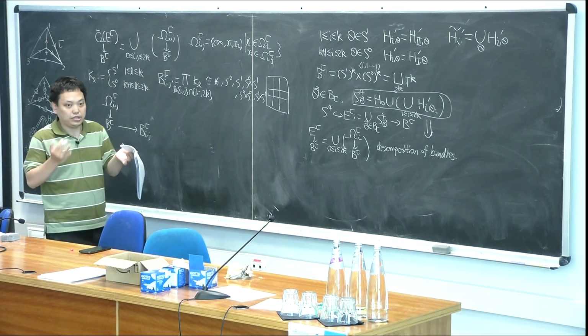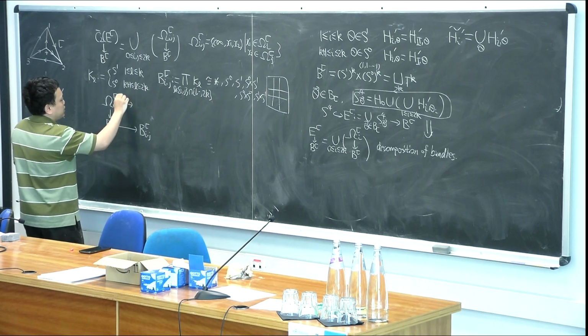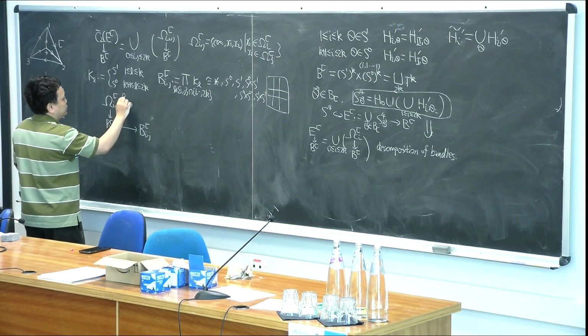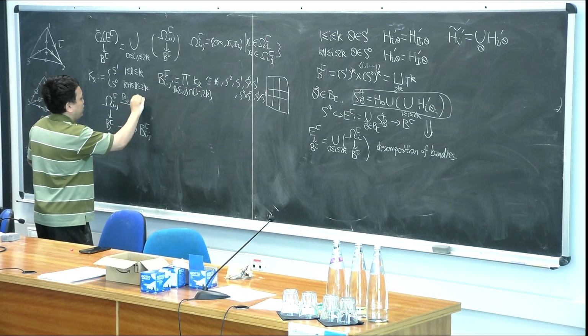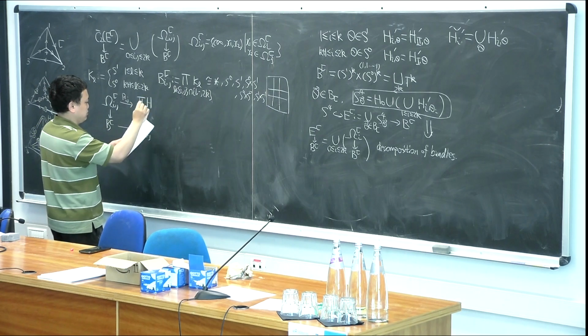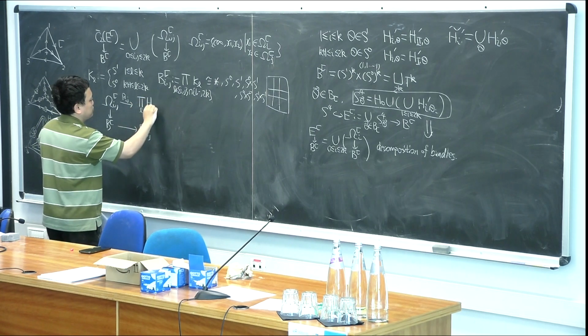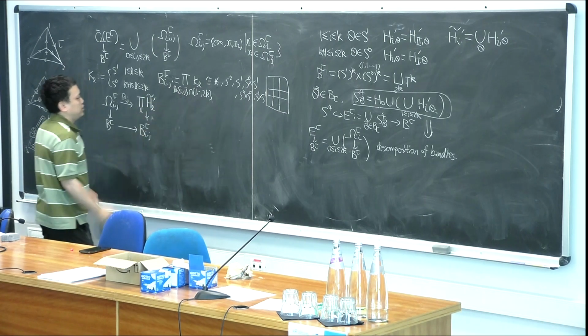So it's really just pulled back from a smaller torus. Let me denote this by Pij. And the total space is actually L.